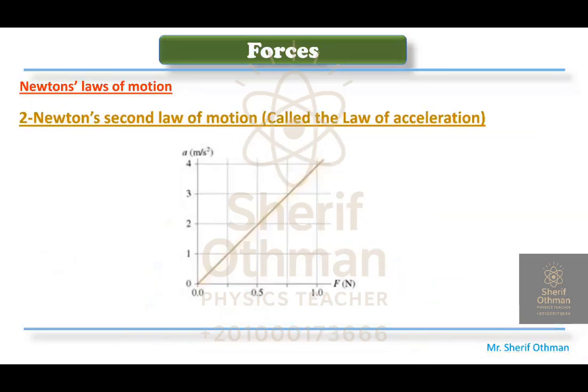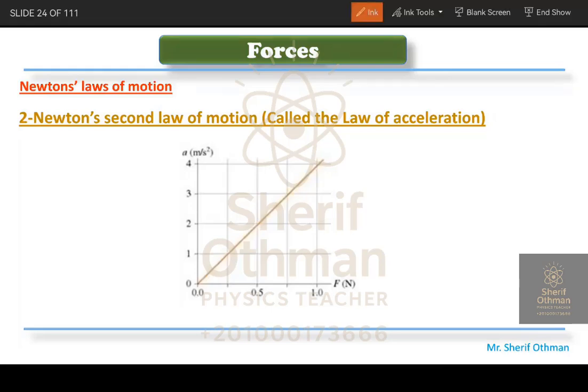How to apply Newton's second law graphically? As we said before, Newton's second law of motion is the relation between three physical terms: a, acceleration; F, net force; m, the object's mass. If we say, guys, the relation between a and F, is it direct or inverse?